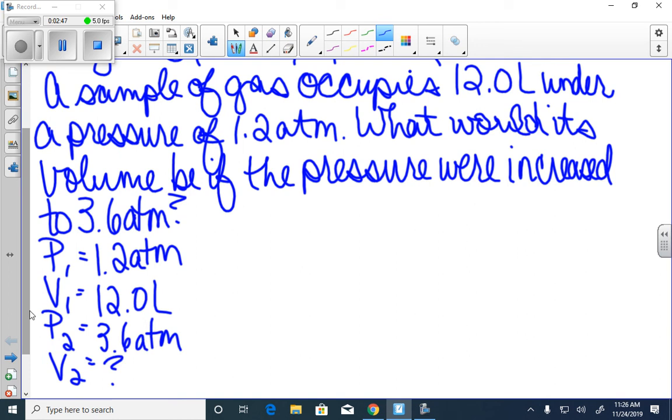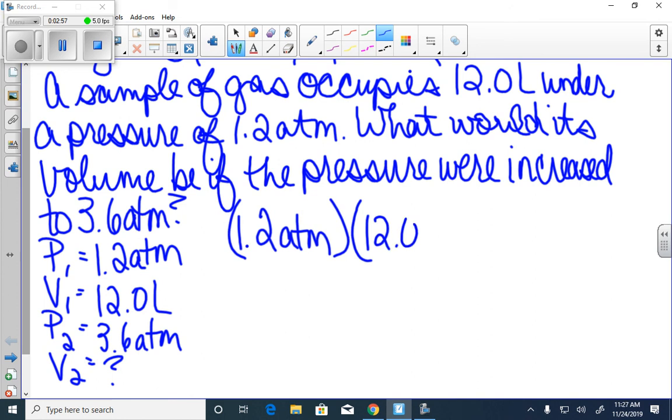Okay, so we're going to punch that into the formula. 1.2 atm times 12.0 liter equals 3.6 atm times V2. You're going to use your algebra skills, hopefully, and say, I need to get V2 by itself.